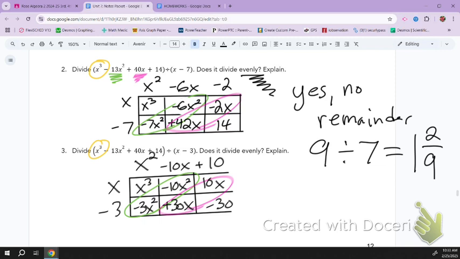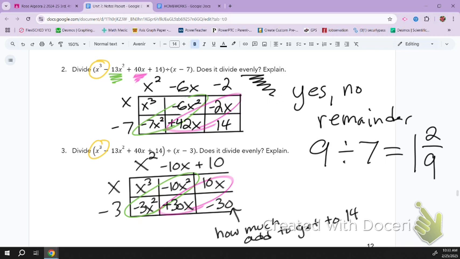Did I want negative 30? I wanted 14. So if I want 14, how much should I add? I'm at negative 30. How much do I add to get to positive 14? Positive 44.